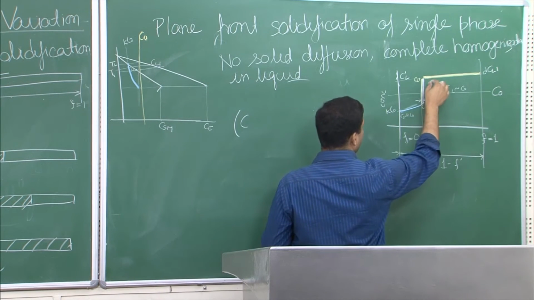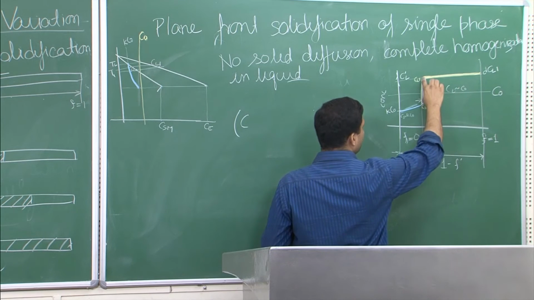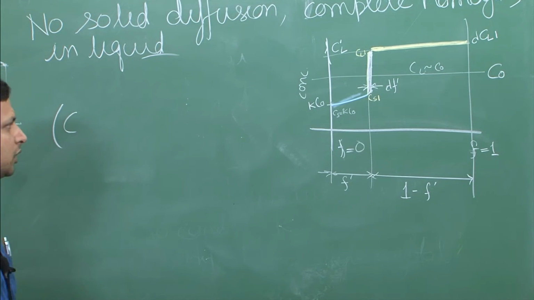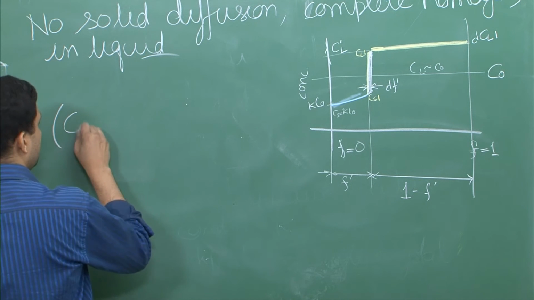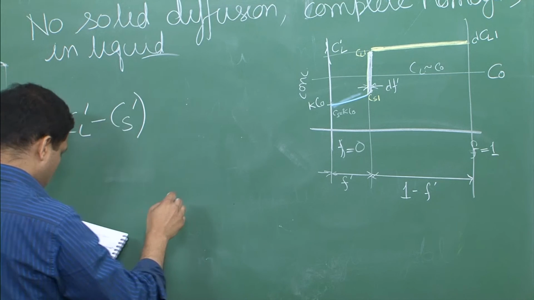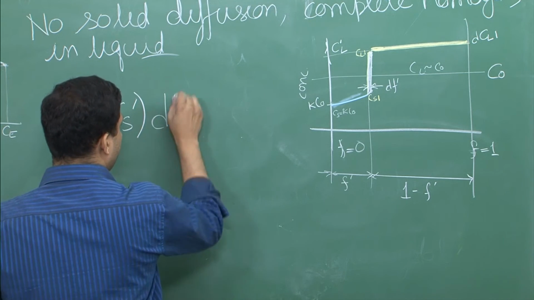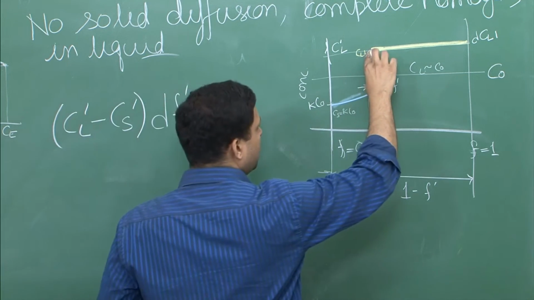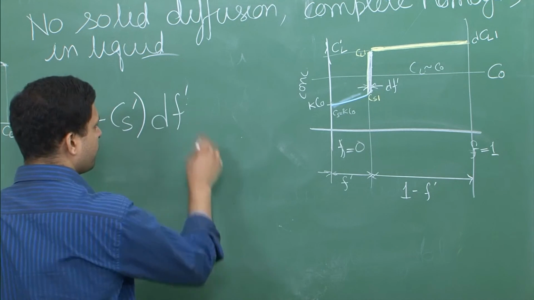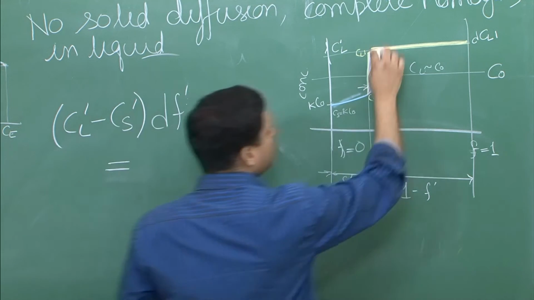First let's try to find out what is the area of this, because this area represents the volume of solute that has been ejected. So this is Cl prime minus Cs prime into df prime. So this length is Cl prime minus Cs prime and this thickness is df prime, and this is equal to this area.